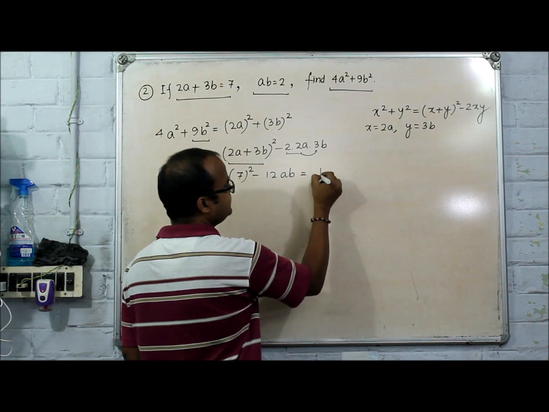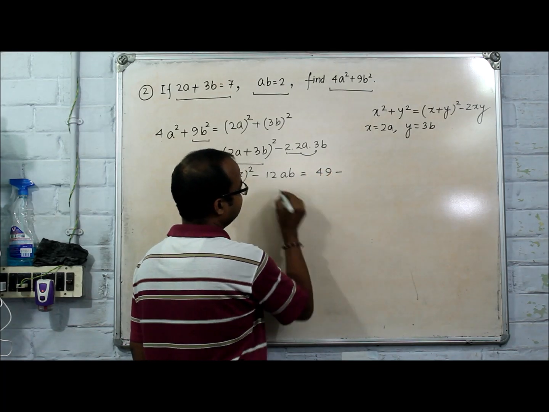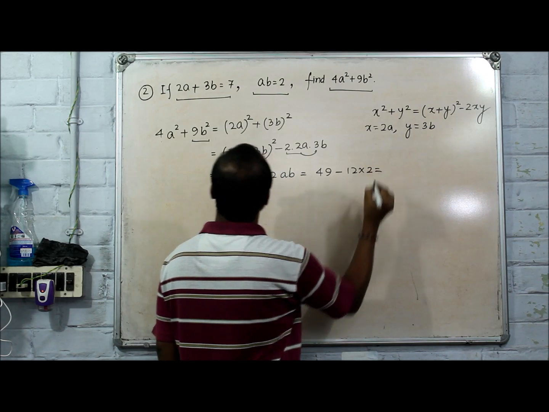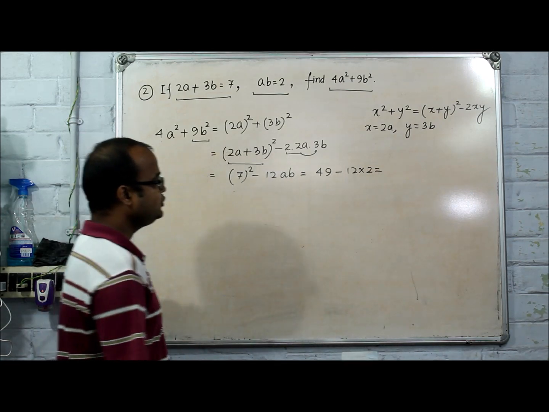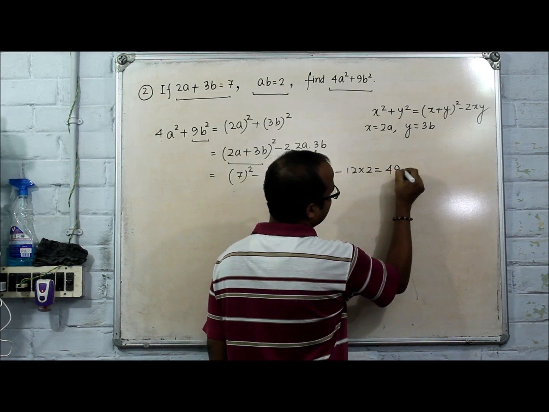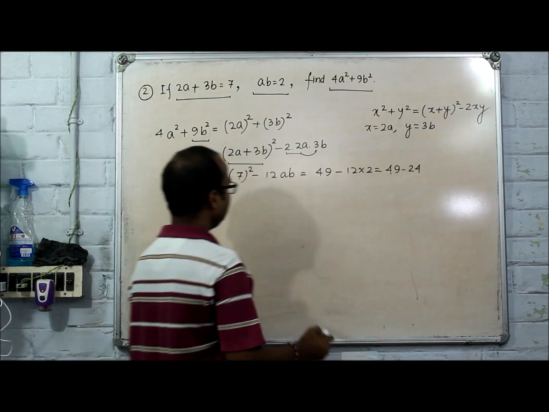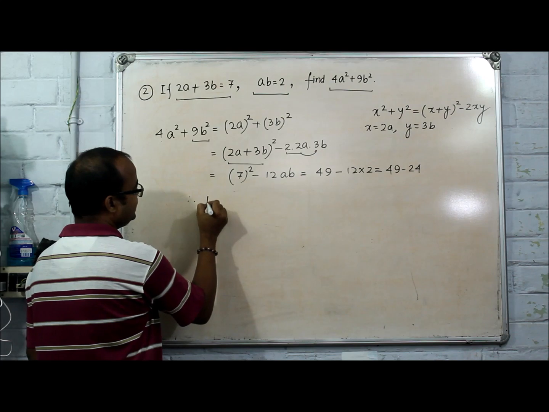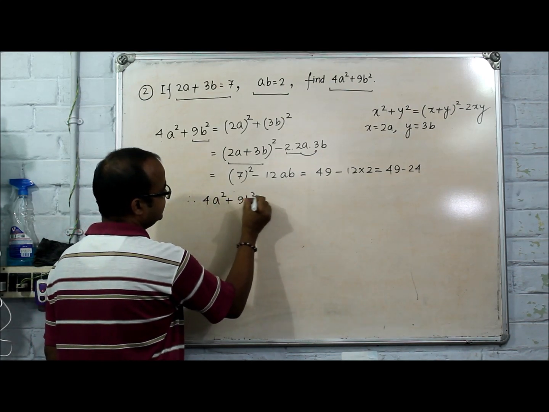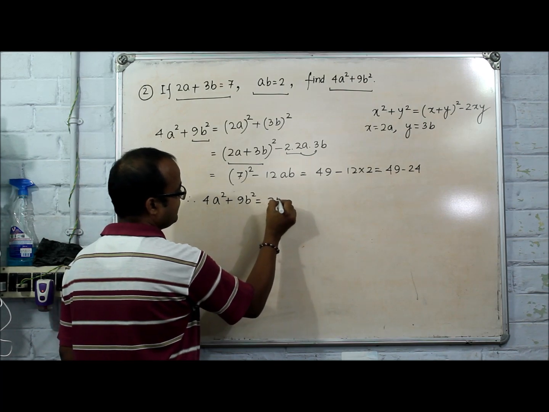So 7 square means 49 minus 12 into 2, 24. So 49 minus 24. Therefore 4a square plus 9b square is equal to 25.